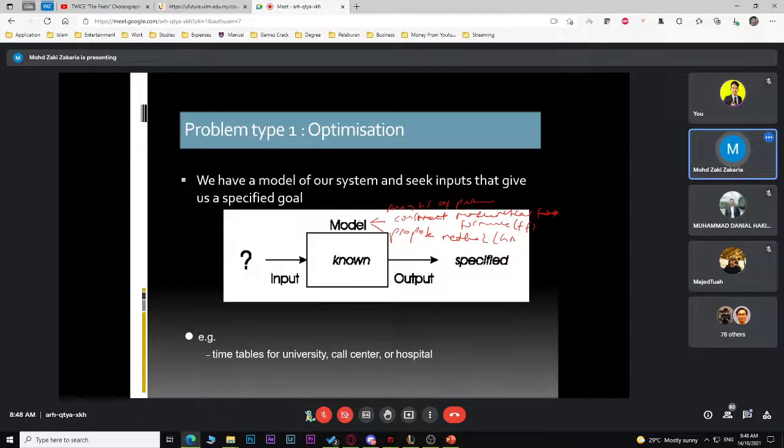For example, GA, ACO. Maksudnya we need to propose or pick up one technique, then we implement ACO, PSO, GA and so on, and then develop. Then after develop, just run, then we have output or result. Clear? Okay, clear. Thank you, sir.